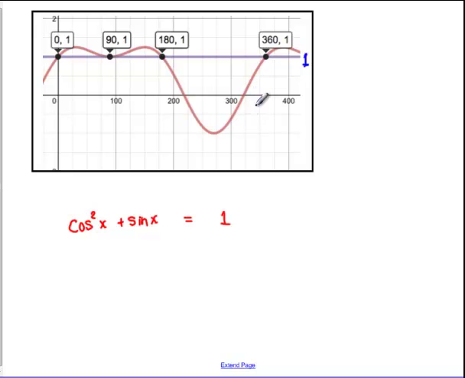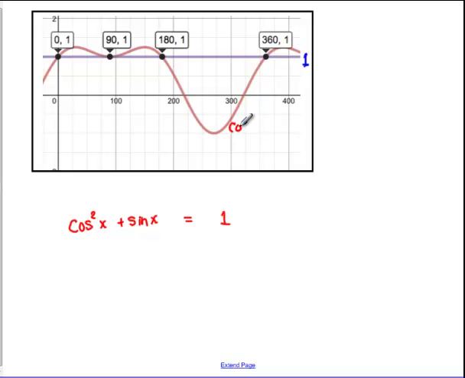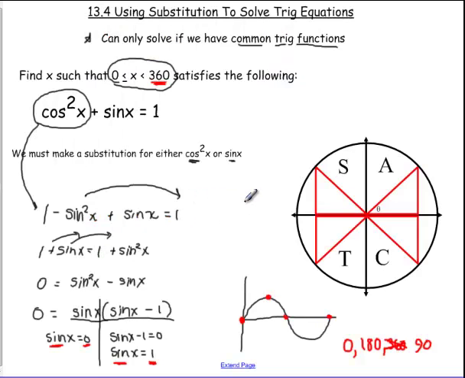And this red line represents the cosine squared x plus sine x. I graphed the two lines, and then I figured out where they crossed. And they crossed with the same answers I got: 0, 90, 180, and it's showing 360, but we know we end up rejecting that one. So once again, you can check these on your calculator, but you have to show all work to get credit.